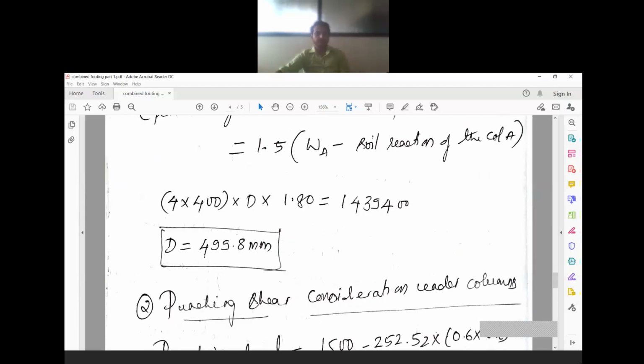So the depth of the foundation D is equal to 499.8 mm.